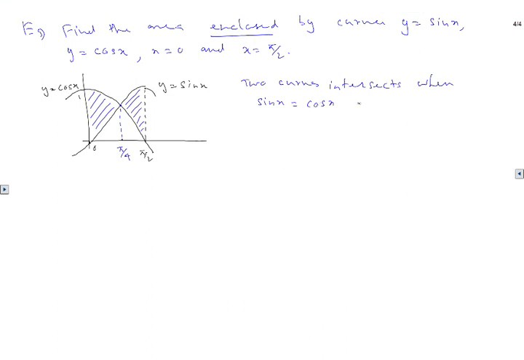If we divide by cosine x, that gives you tan x, which is equal to 1. Tan x equal to 1 means x equals pi over 4. So tan is 1 when x equals pi over 4. So we need some trigonometry here. Okay, so now we have all the limits we need, so we can write the area now.